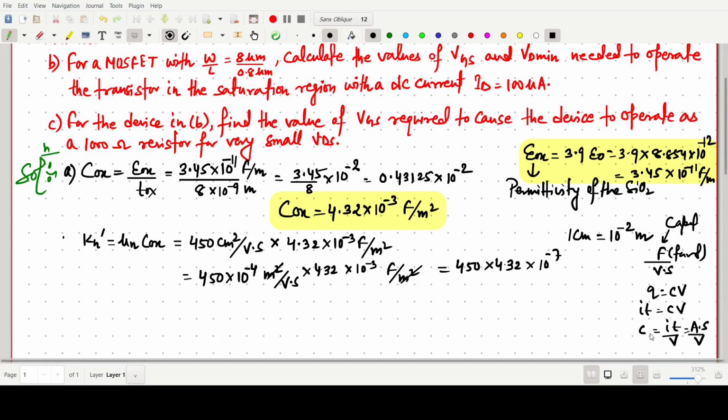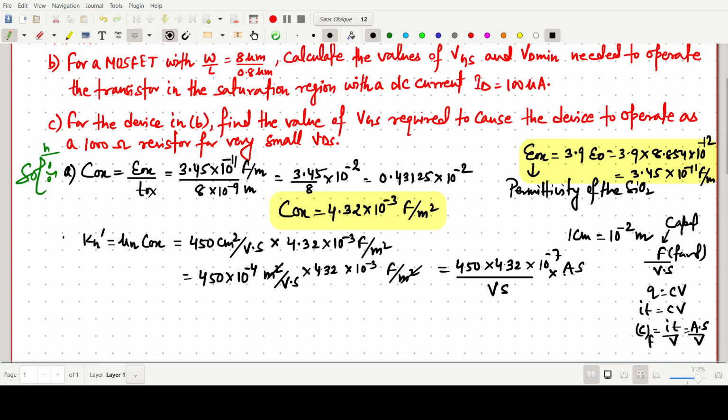So the capacitor unit, farad, can be written as ampere second per volt. Here we have volt second, and farad is ampere second by volt. The seconds cancel, so the unit is ampere by volt square.